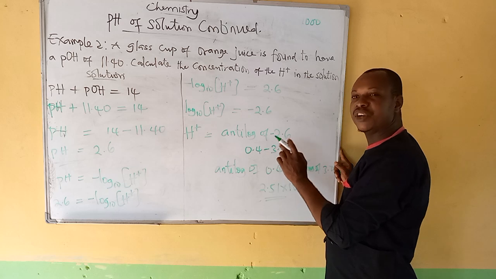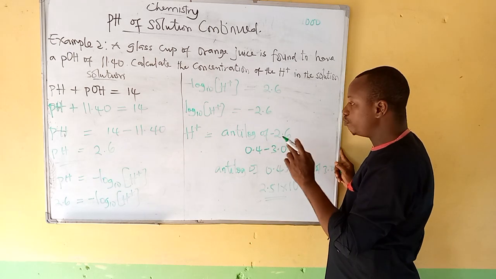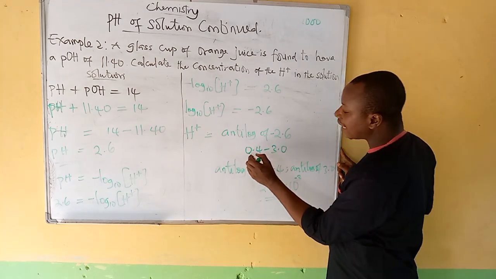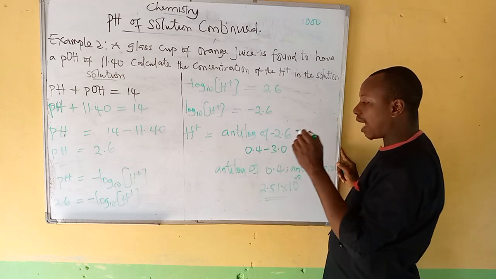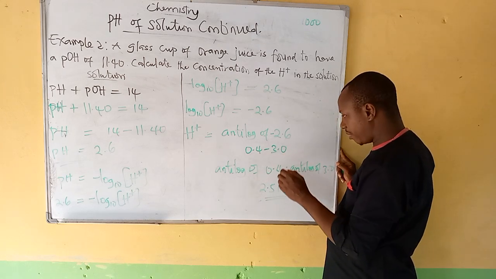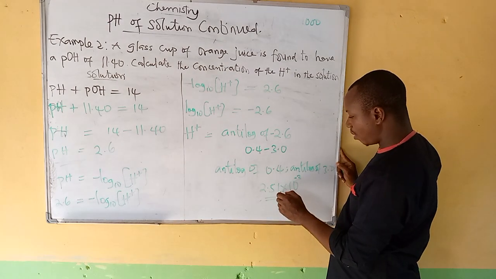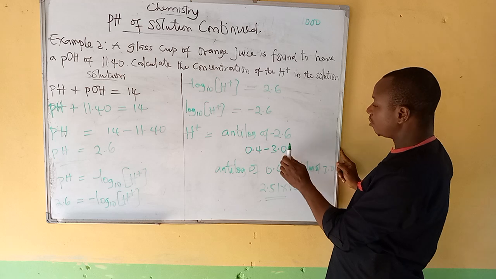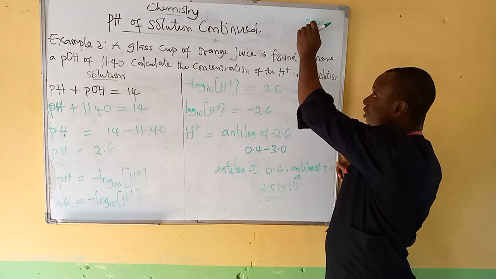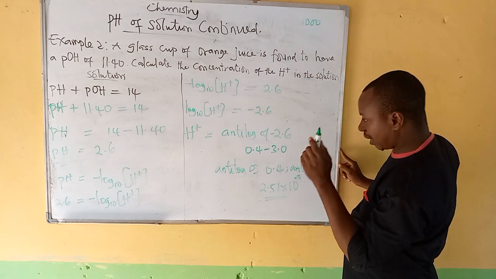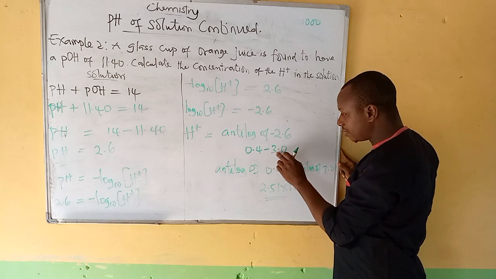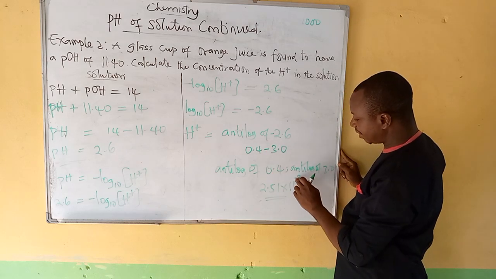If you punch the calculator very well, you are going to get minus 2.6. So you find the anti-log of this number and also the anti-log of this number. The anti-log of 0.4 gives you 2.51, times the anti-log of 3, which gives you 1,000, which is 10 raised to power 3. How come the minus? This 3.0 has minus. That's why I raised that minus up.